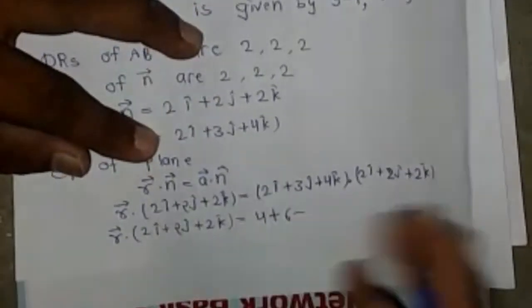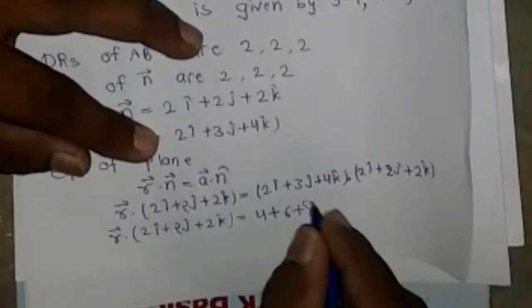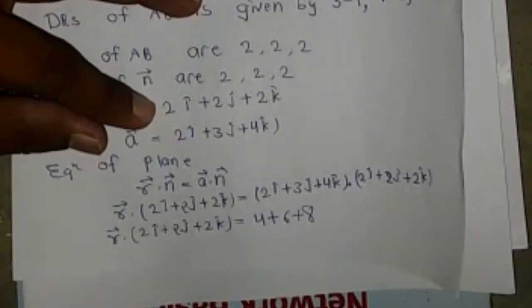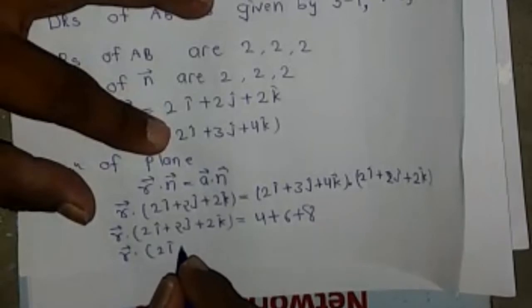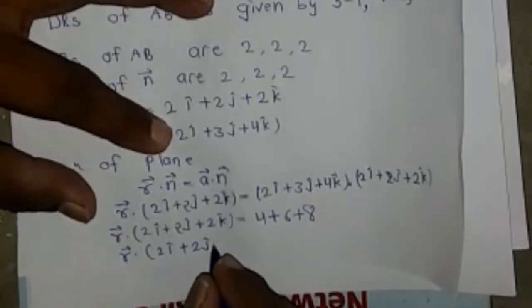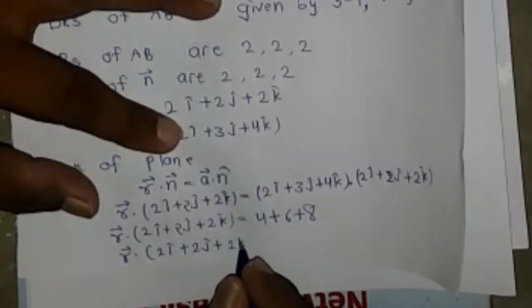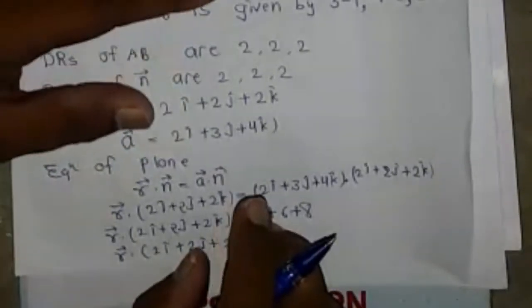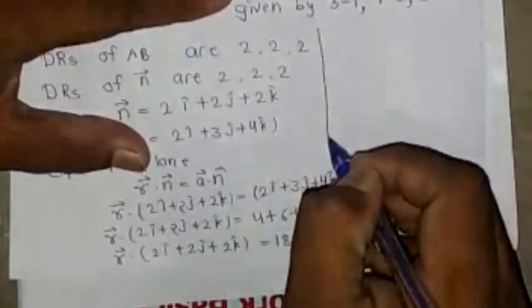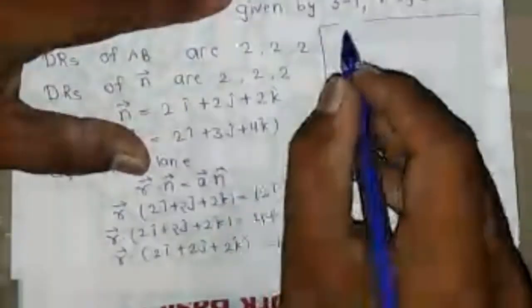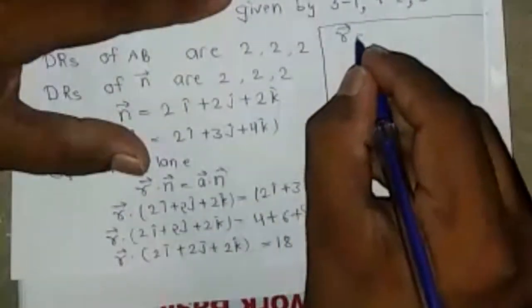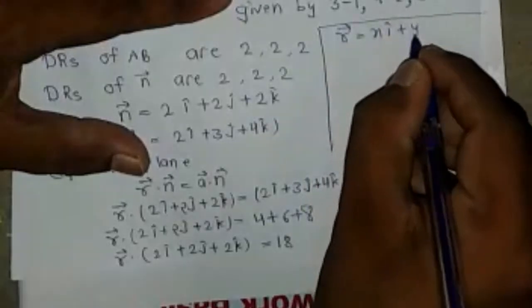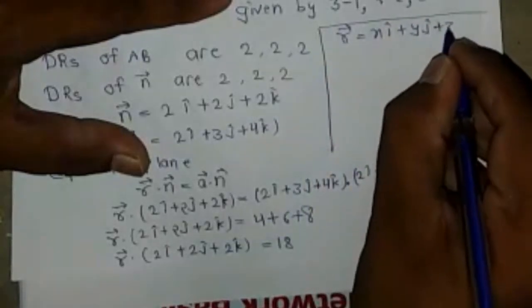So r vector dot (2i cap plus 2j cap plus 2k cap) equals 4 plus 6 plus 8. Yes, r vector dot (2i plus 2j plus 2k) equals 18. We can change it to Cartesian form by putting r vector equal xi plus yj plus zk.